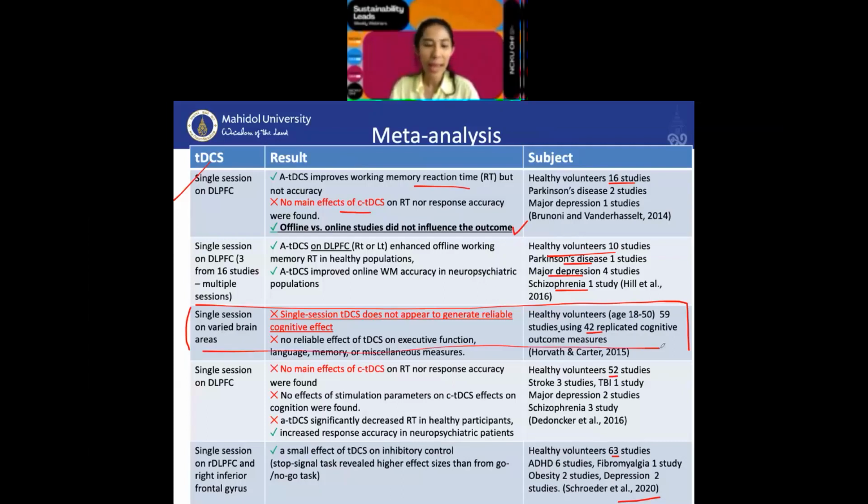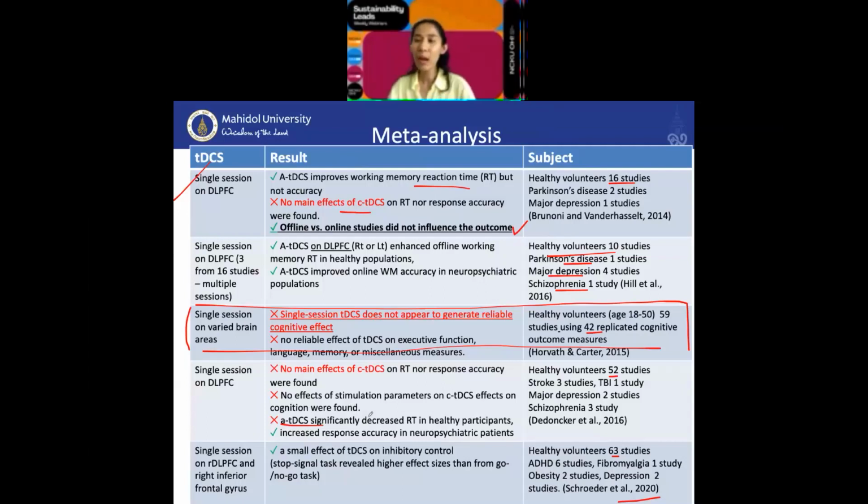Okay. And the next one, single sessions also in the DLPFC. They found no positive effect for cathodal tDCS and anodal tDCS either. I think it's because of the single sessions, but they found some positive effect in neuropsychiatric patients.